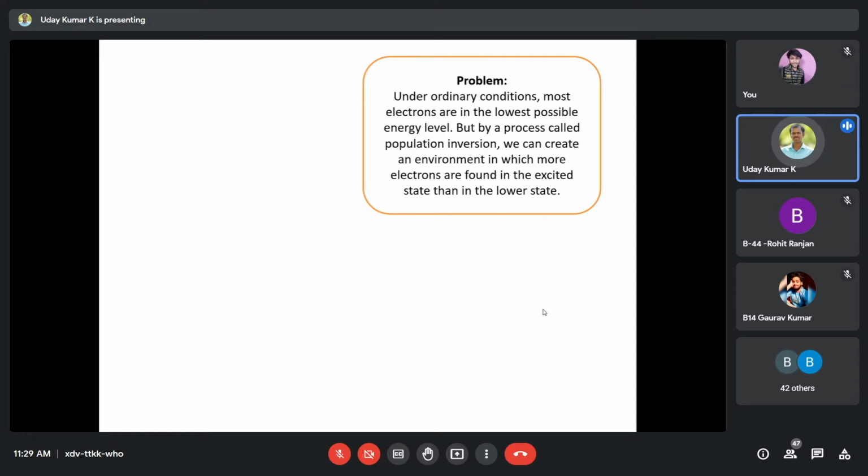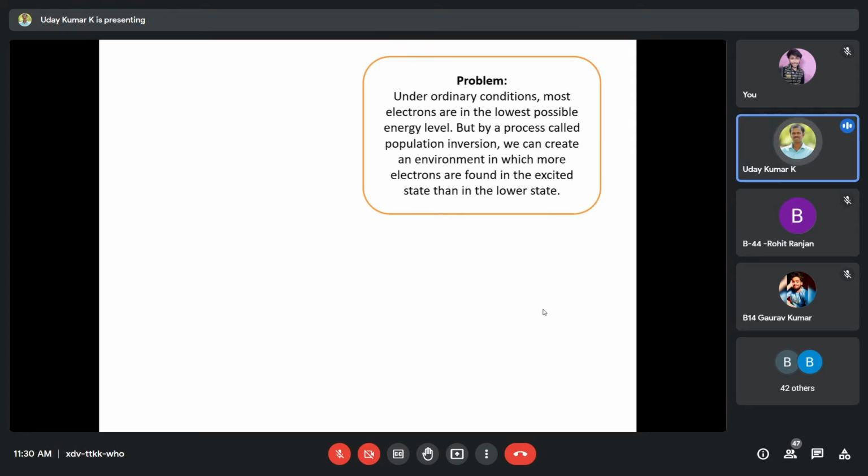As I said in the last class also, imagine that every one of us is like an atom. An atom always wants to be in a stable state. You get stability when you are in the lower energy level. So in general, atoms will try to be in the lower energy level in order to have stability. But this stable process will not give you laser action.